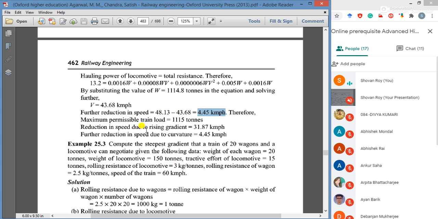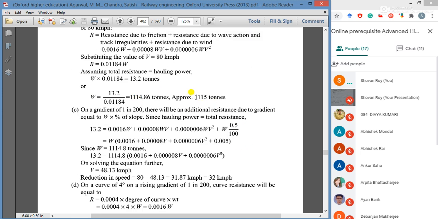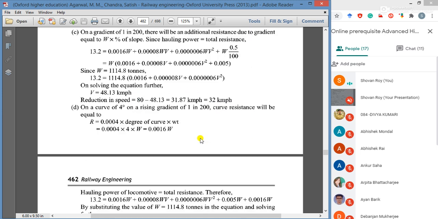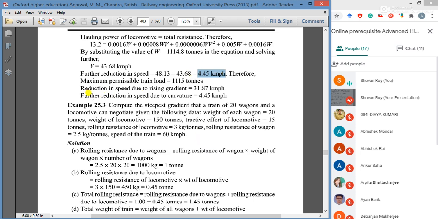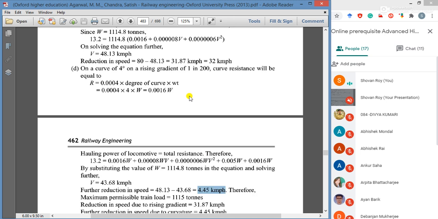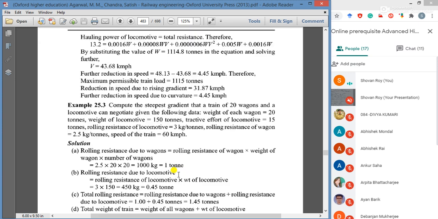The maximum permissible train load already calculated is 114.86, approximately 115 tons. Reduction in speed due to rising gradient is 31.87 km per hour, and further reduction in speed due to curvature is 4.45 km per hour.